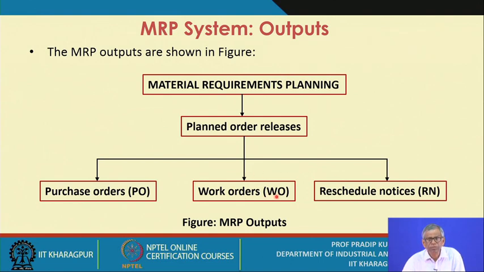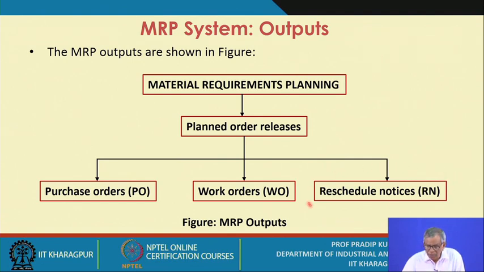The second one is that a portion of the quantity you plan to produce in-house, and for producing that in-house you need to place a work order to your fabrication shop, to your assembly units, to your machine shop. So you need to place work orders. How much quantity is under work orders must be known.